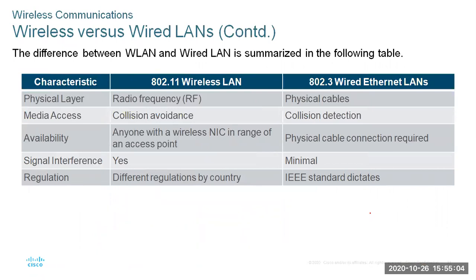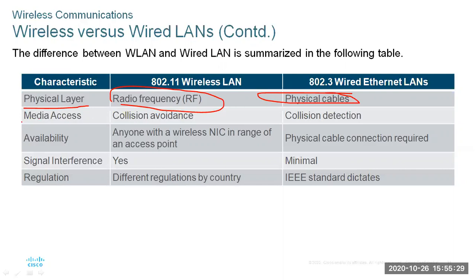So let's look at the difference between wireless LAN and wired LAN. Like we see here, on the physical layer, in wireless LAN we have radio frequencies, and in wired LAN we use physical cables to connect.